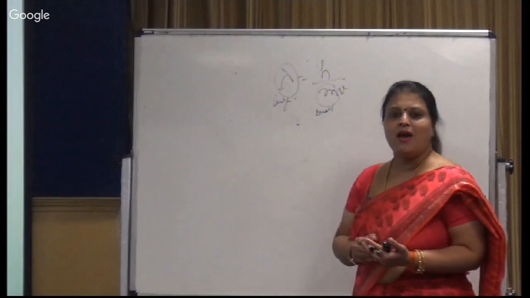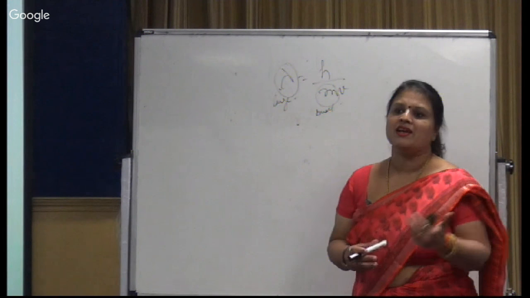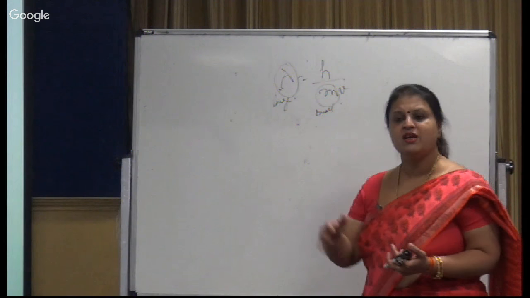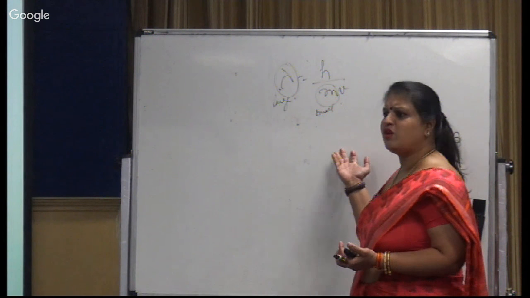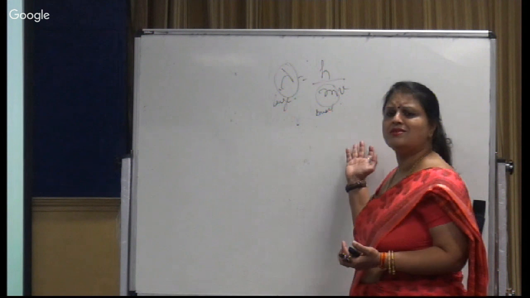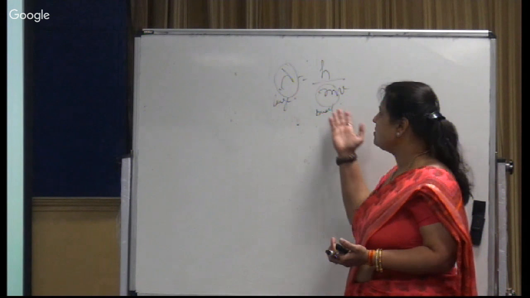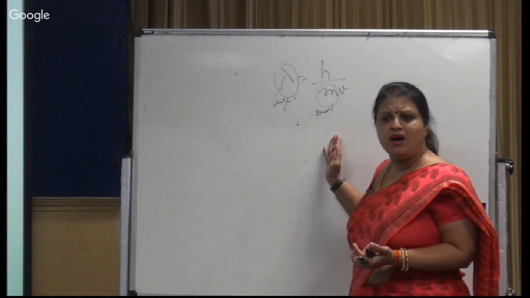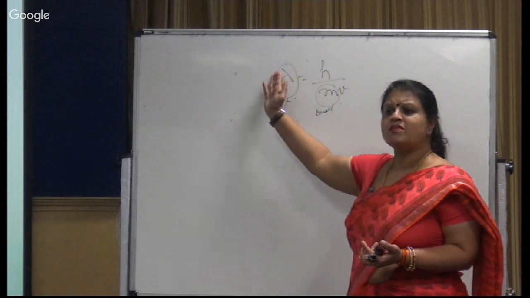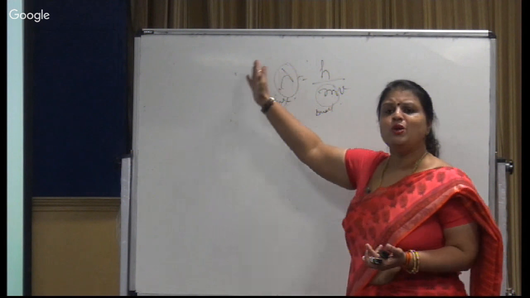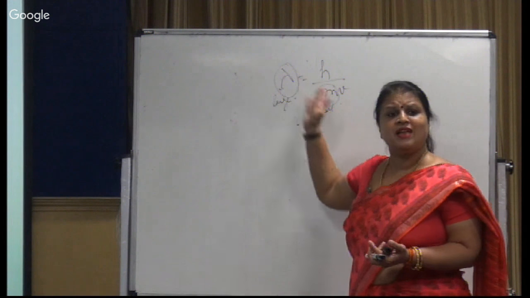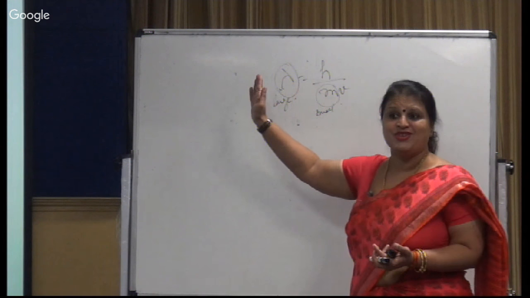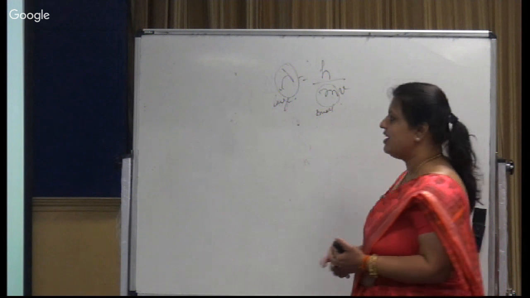For all microscopic objects like electron, which is a subatomic particle, a microscopic object, mass is very, very small. It is of the order of 10 to the power minus 31 kg. For all these microscopic objects with smaller value of mass, the wavelength becomes very high. High value of wavelength means that that particular object is mainly having wave nature.